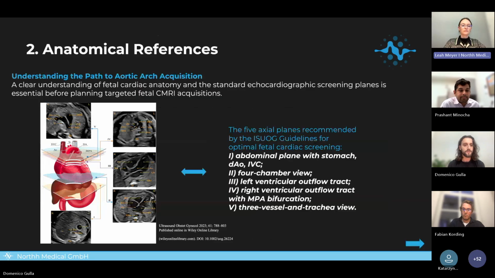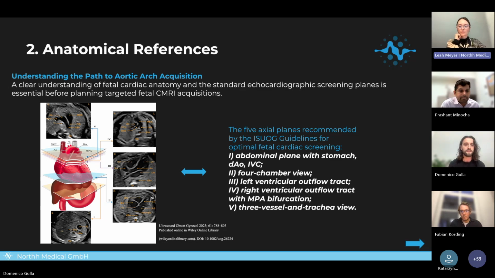Now we go through the anatomical reference. I put this reference from the ISUOG screening guideline because I think that a clear understanding of fetal cardiac anatomy and the standard echocardiography screening planes is essential before planning targeted fetal CMR acquisition.